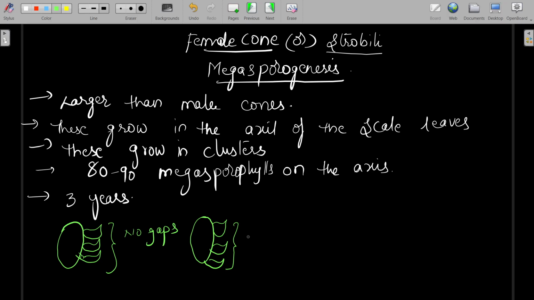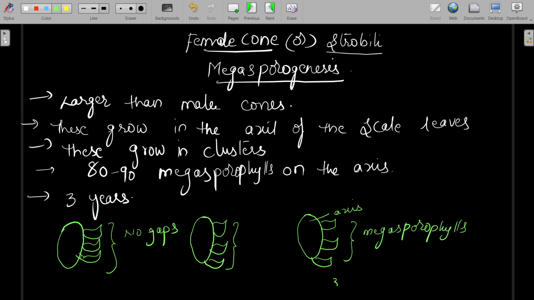There would be some gaps between them for the growth. In the third year, this is the axis, and these are megasporophylls. There would be a lot of gaps between these megasporophylls. This is a 3-year-old female cone.